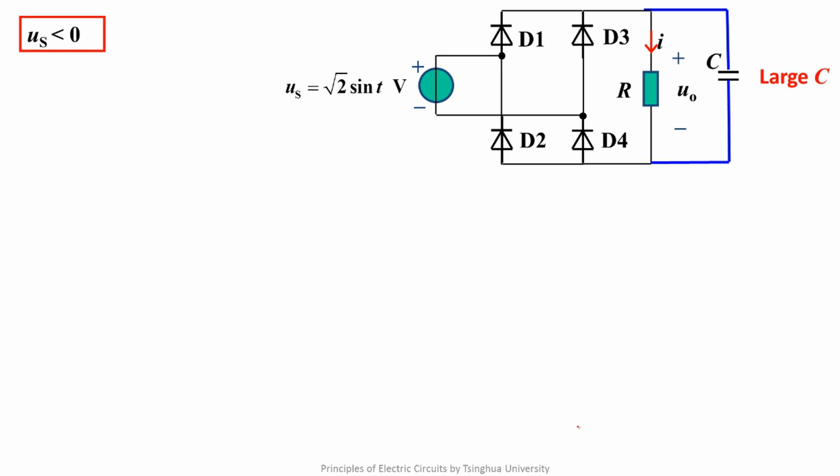When US is less than 0, D1 and D4 are always open, so they can be ignored. The current flows in this direction.